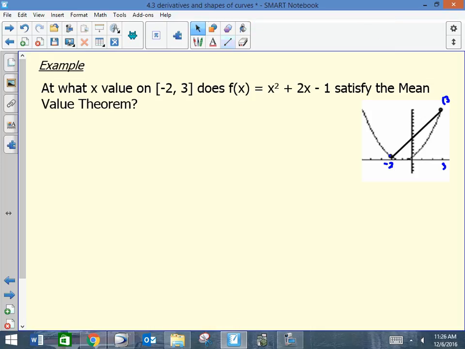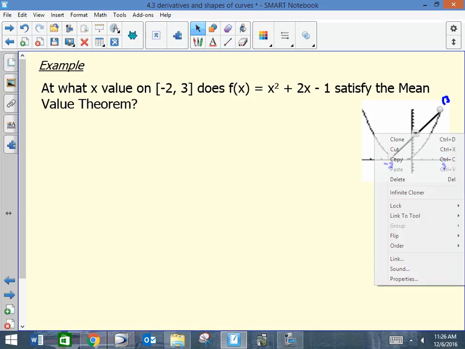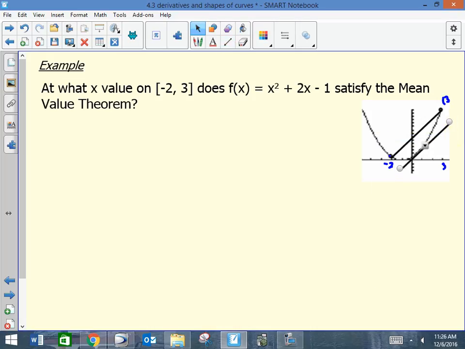Now we can guess it, but draw yourself a tangent line that's going to be parallel to that secant line that goes through the function. So I'm going to clone this and move it. It looks like it's about right there. Those are parallel. Okay?